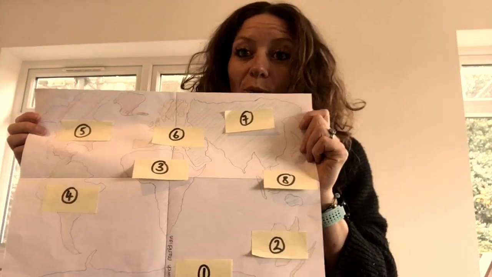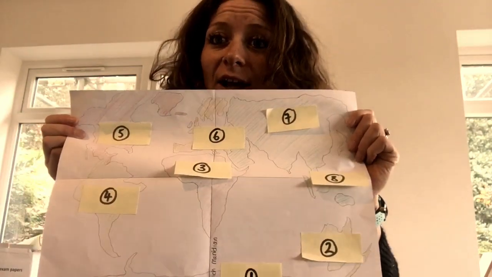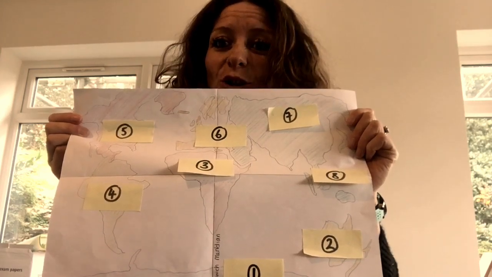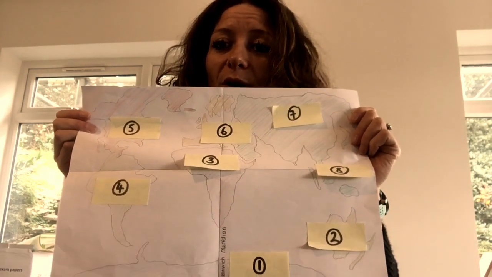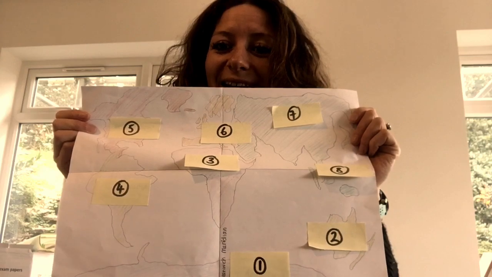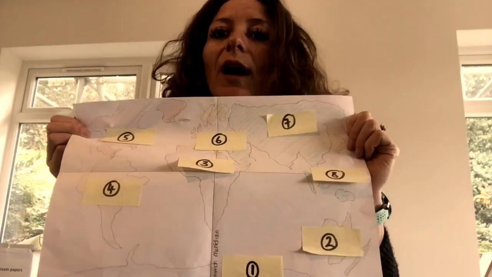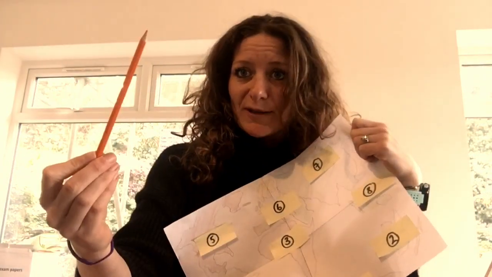Okay, amazing. Now, I know, I can hear it through the internet that some of you, your brains are hurting. That's okay. Learning things is difficult, and the more times that you go over something, the easier you will find it. Now, what I would like for you to do is I'd like you to find your favourite colour pencil. So my favourite colour pencil is orange, so I always mark my own work in orange.